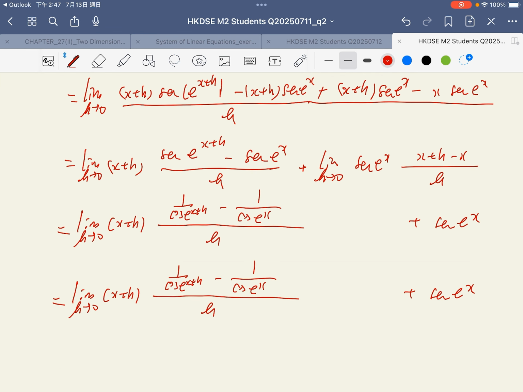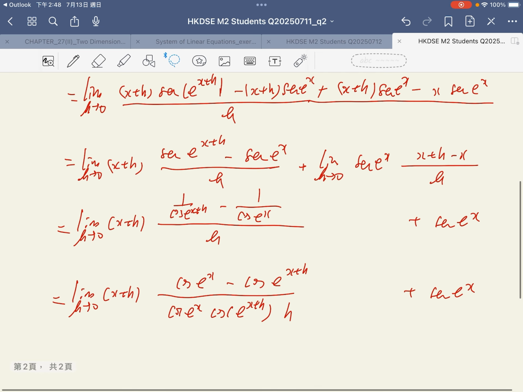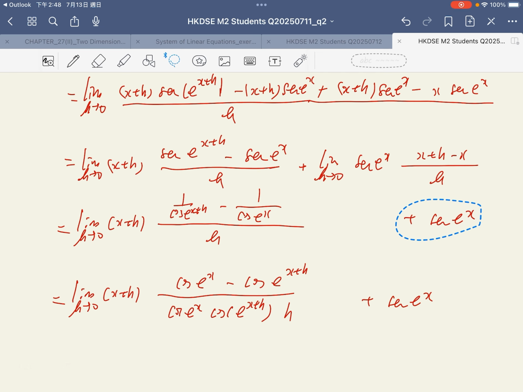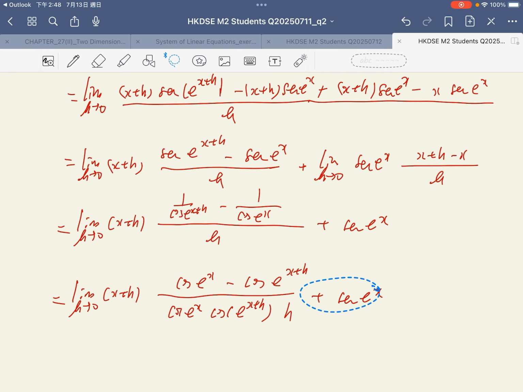Let me see, the common denominator should be h cosine e^x cosine e^(x+h), and then this is the cosine e^x minus cosine e^(x+h), plus this term. Okay, I make it close.